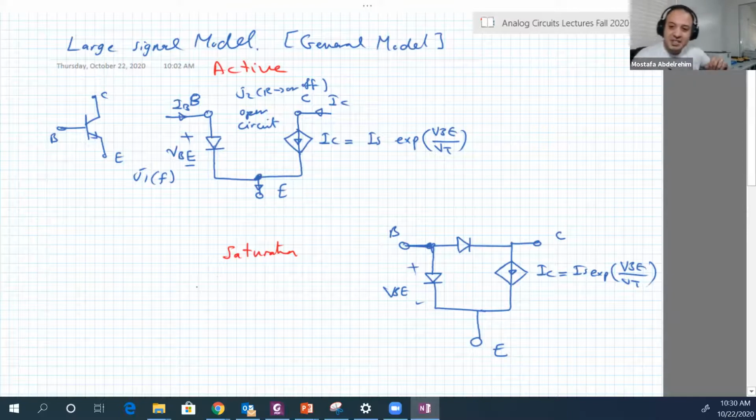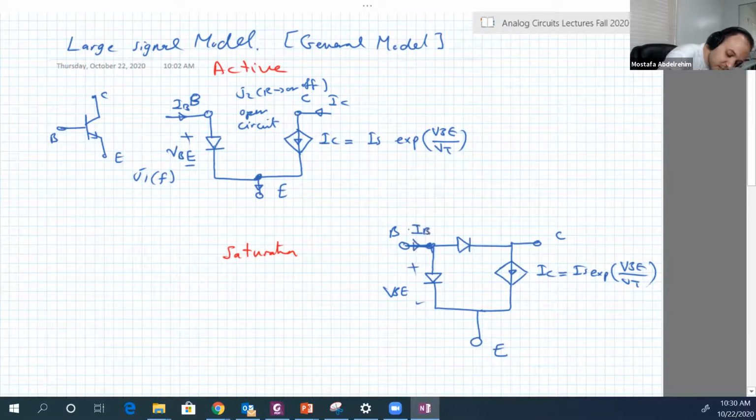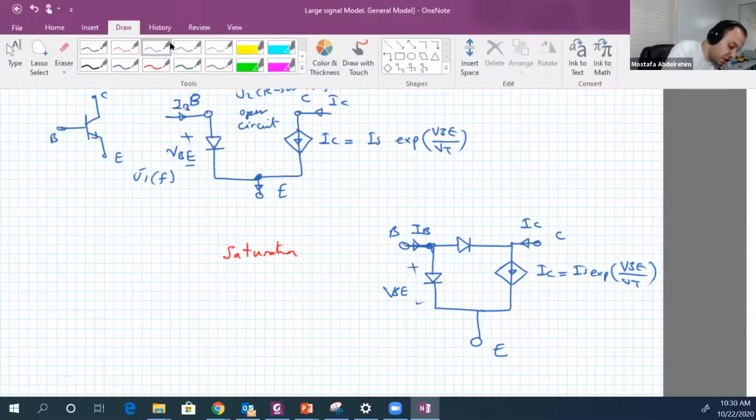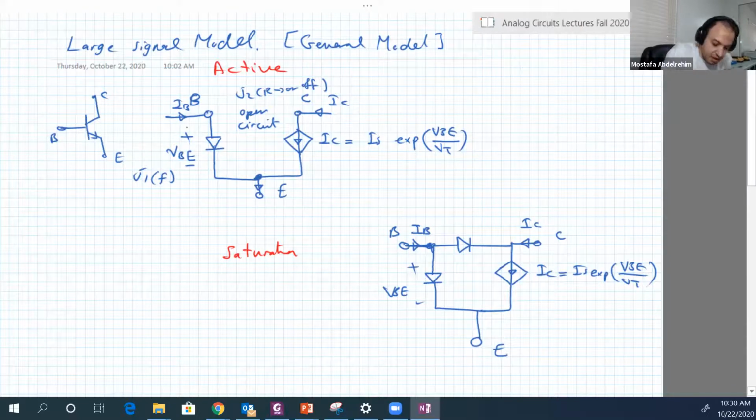Okay, and here is another way to understand why IB is increasing and why IC is decreasing. So this is IB, and this is IC. Just look in here: IB will come at this node and go down, so the current here is equal to IB as well.